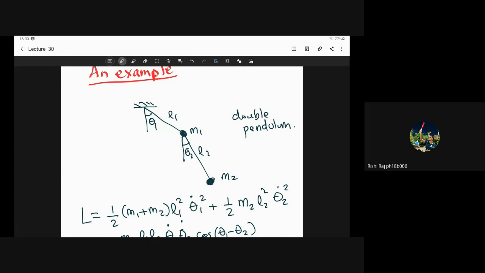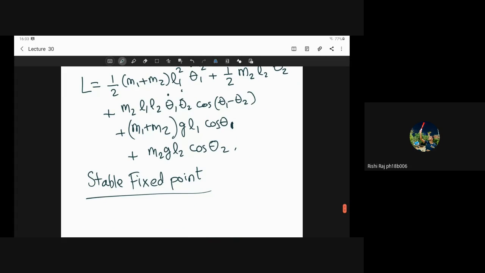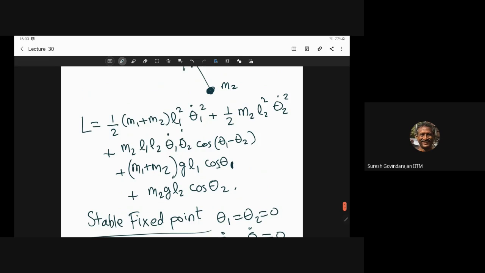All of them zero. Absolutely right. Theta 1, theta 2 zero, and theta 1 dot, theta 2 dot zero. So we don't need to introduce new coordinates or anything. We just need to expand and then see.